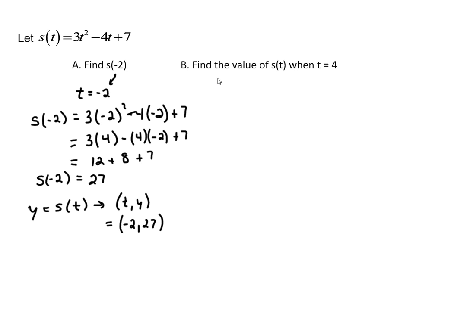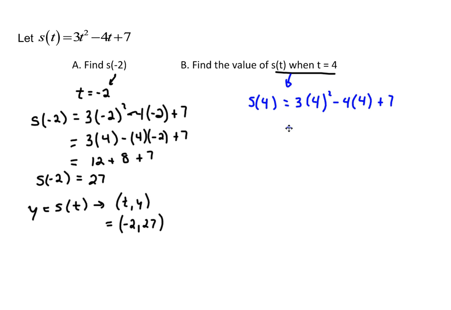All right, this says find the value of s of t when t equals 4. Well, here we go again. This is just another restatement of the same thing we've been saying all along. Replace t with 4, and let's see what happens. We're asked to find s of 4, so we take 3 times 4 squared, minus 4 times 4, plus 7.